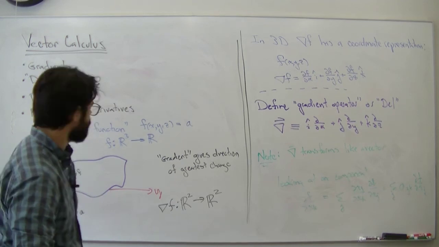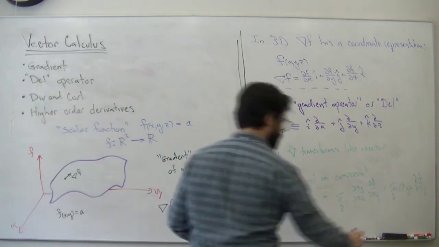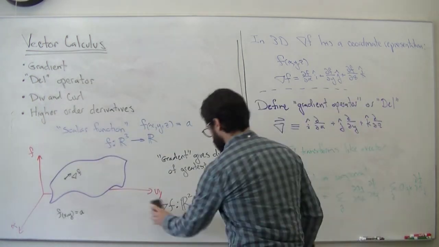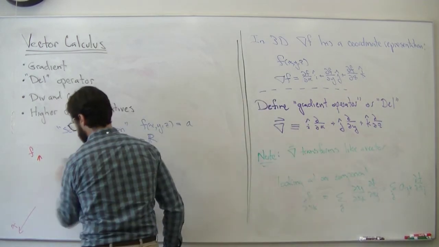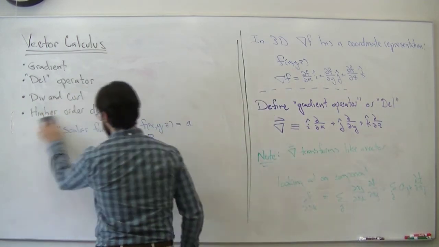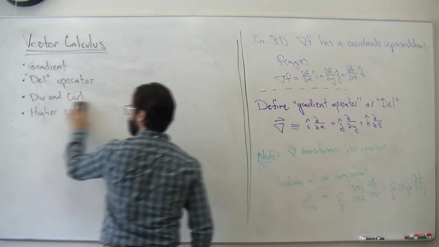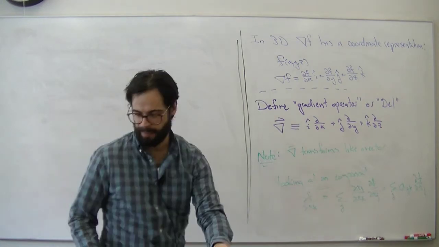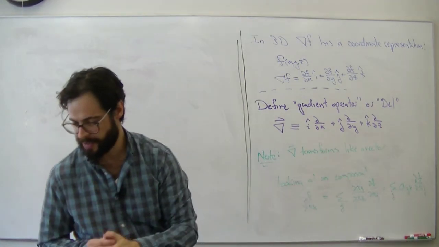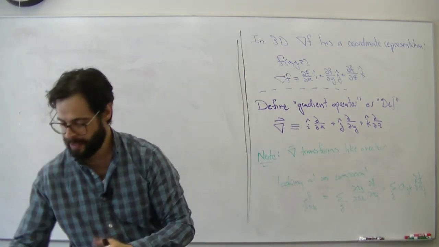More important is how you actually use this, and this is probably going to be a bit of a review. If there's a reason to give you this problem, it's because we have to put some physics caveats on things that you probably didn't get in your multivariable calculus class, is that things have units.